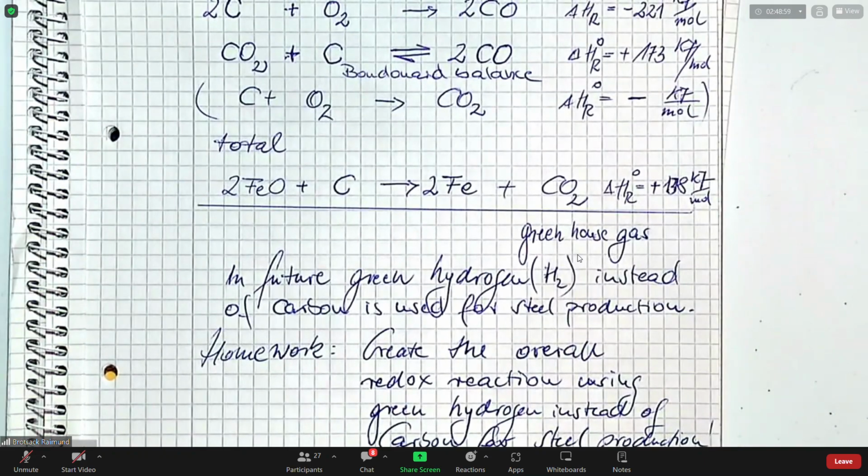Please think on that. This is a good exercise to handle redox systems and to calculate everything in that area. Take it seriously. If you are able to do that, it's a good preparation for the exam.